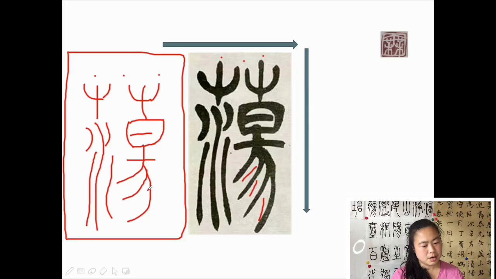So from here and from here, and also these 4 are nearly at the same line, so it's like this. Okay, this is the way to write this character. Now I will show you how to write it with a brush.